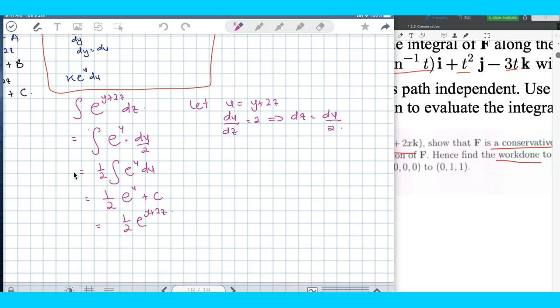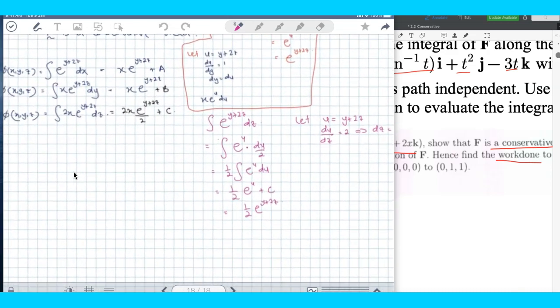That's why we can show the answer is this one.